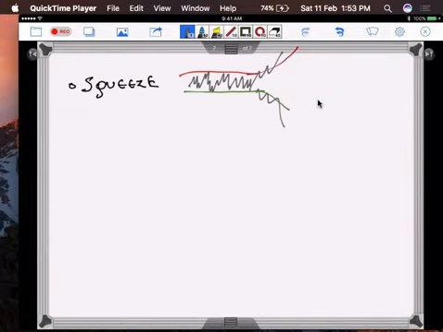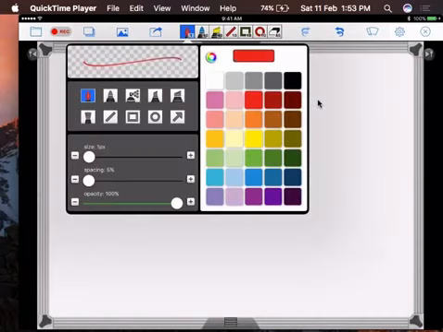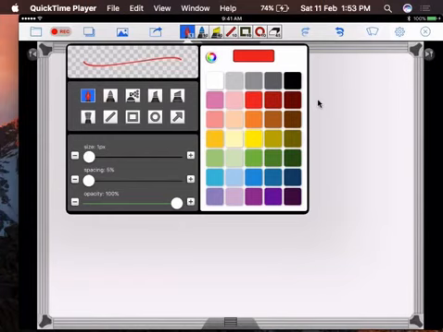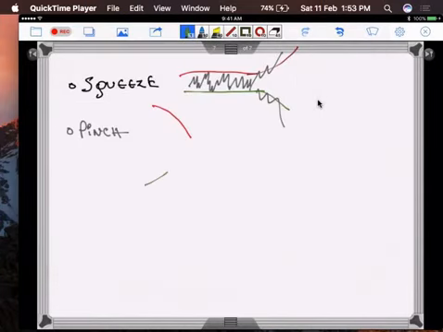The other one, which I also like a lot, is the pinch. Now, what is the pinch? The pinch is a scenario where the upper Bollinger Band is falling and the lower Bollinger Band is rising. Chimta. Yeah? Like a pinch.